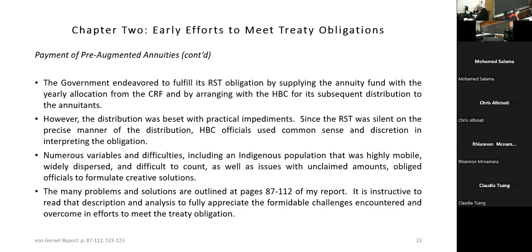For instance, there were individuals or groups from outside of the RST territory who lived to the west or beyond the Haida land, who claimed that their traditional lands included the RST territories, and who also wanted some of the annuities.